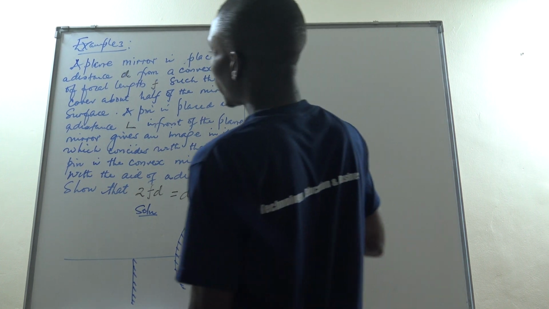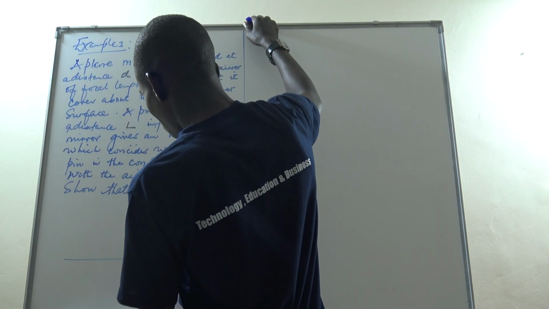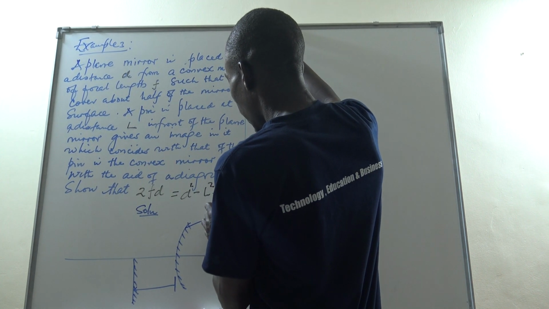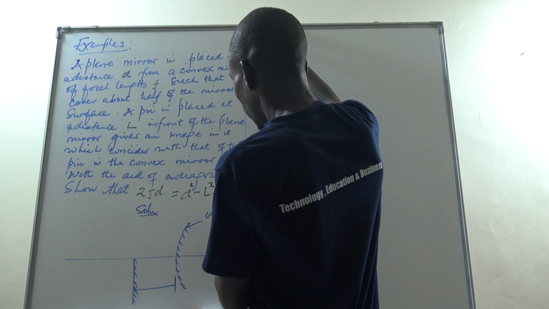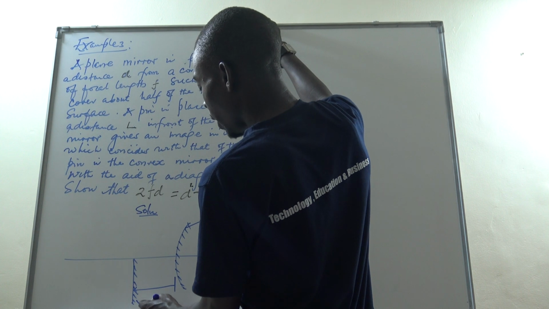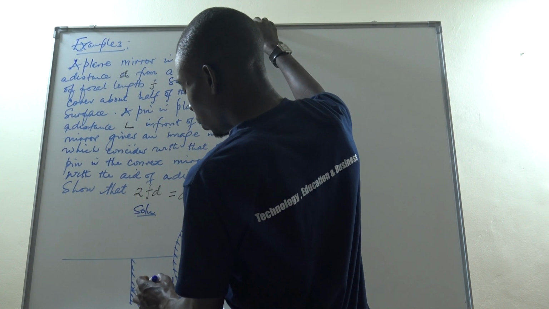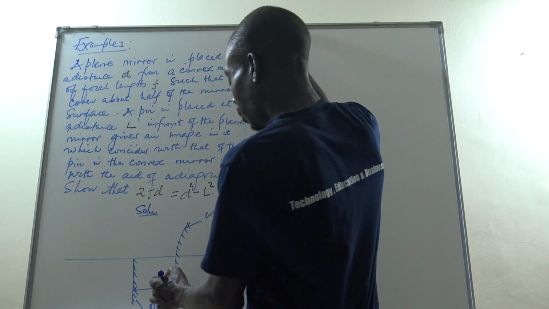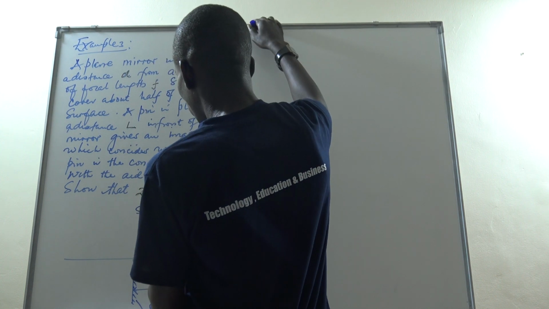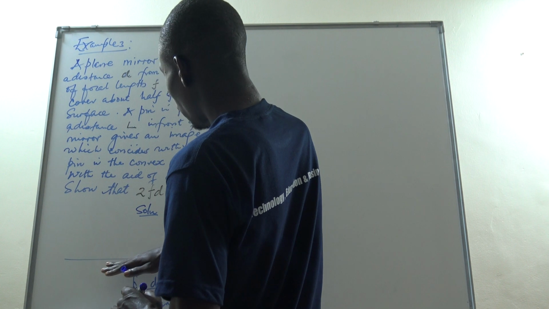They're saying that the plane mirror is placed at a distance d from the convex mirror, of focal length f.